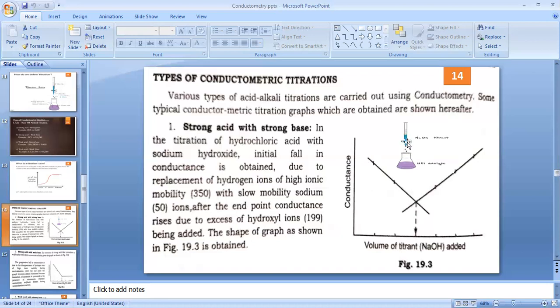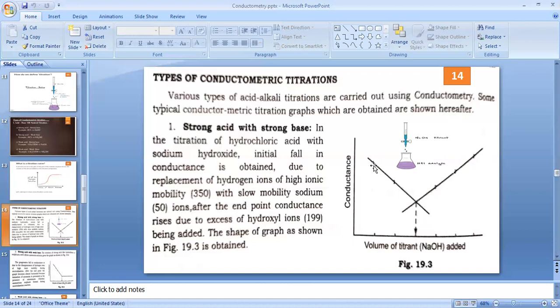But as we add sodium hydroxide from the burette to the contents in the conical flask, the amount of hydroxyl, that is OH minus, increases in the conical flask. The conductance of OH minus is greater as compared to that of H plus. Therefore, there will be a rise in conductance.